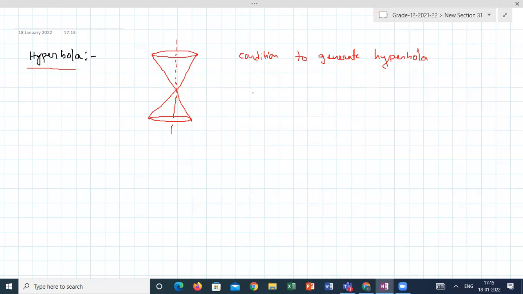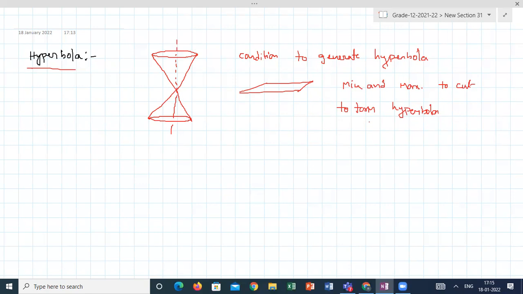How to cut? If I'm taking a plane like this, at what angle? What is the minimum and maximum angle to cut to form a hyperbola? What is the angle I have to maintain?